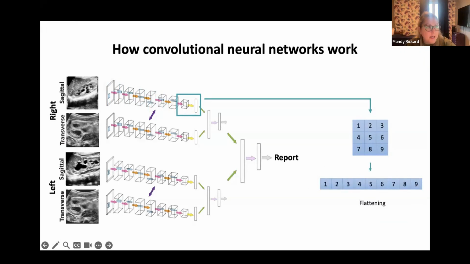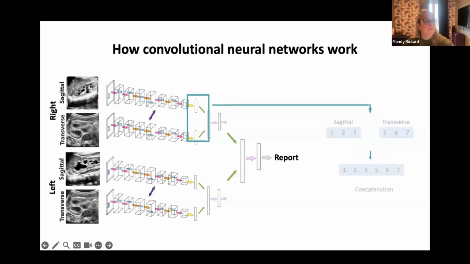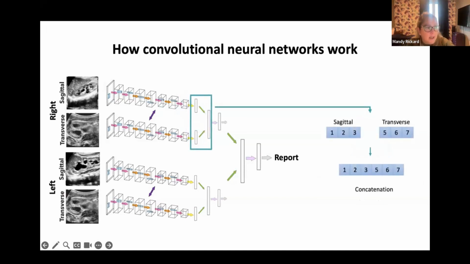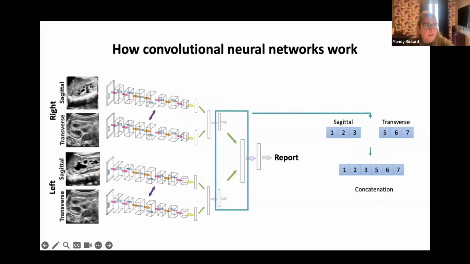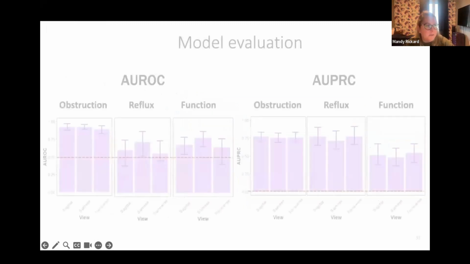After the image has been passed through all 7 layers and we have our result, it's flattened in order for it to be combined. And that means that we combine the sagittal and transverse view into a single number. Concatenation refers to the process of combining data from both views into a single report. And this is repeated for both the left and right kidneys, and that's how we get our prediction.